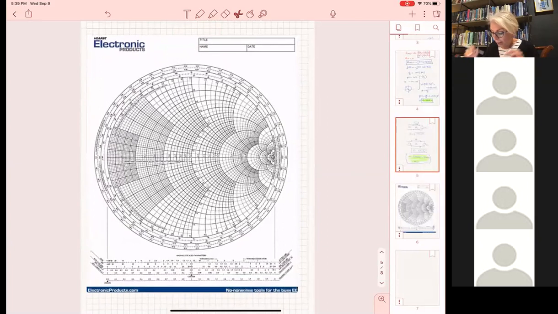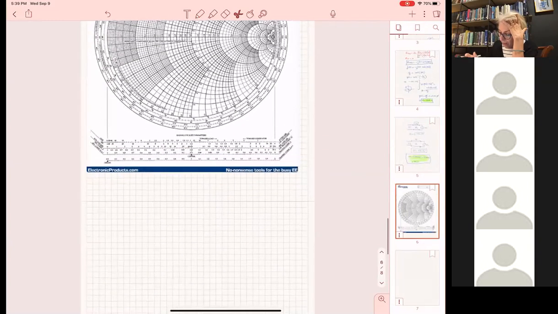We know where our, let me remind you what we had. We had an LNA that had an input impedance here of 100 minus J20.